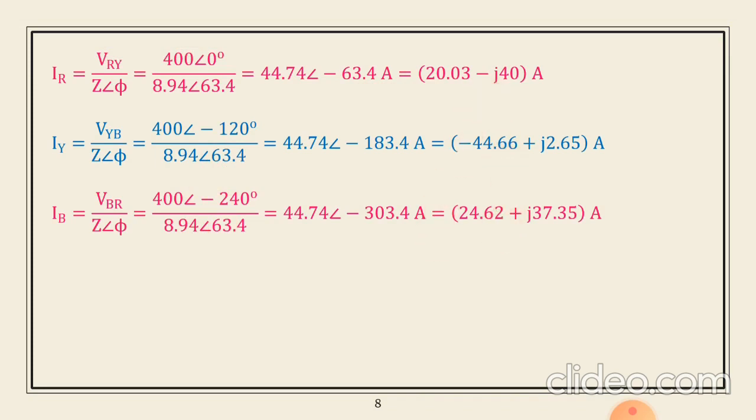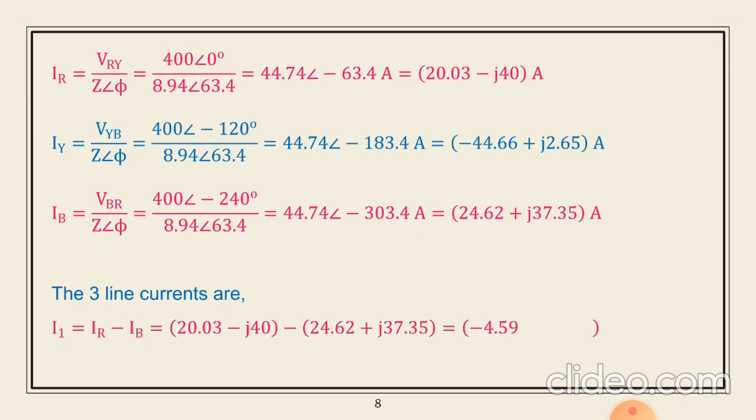Now after finding phase currents, how to find line currents? We know the formula. The 3 line currents are, first one, I1 is equal to IR minus IB. So subtract IB from IR, and finally convert this value into polar form. Your final answer should be in polar form.